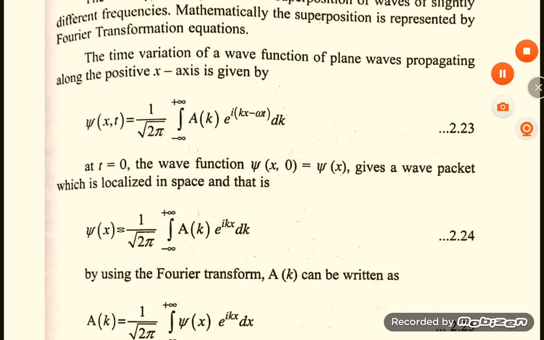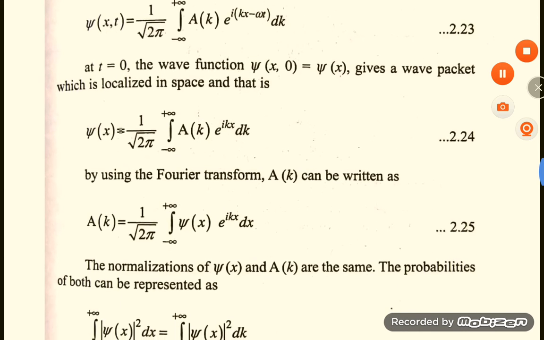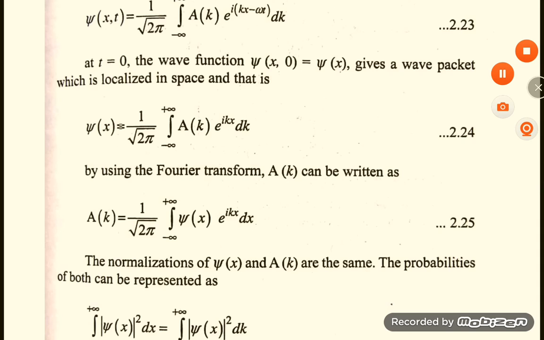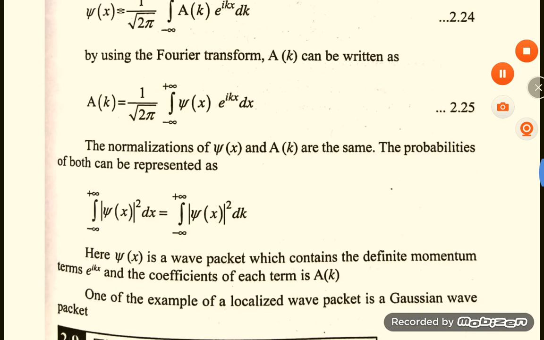By using the Fourier transform, a(k) can be written as a(k) is equal to 1 by root 2 pi integral from minus infinity to plus infinity of psi(x) e^(ikx) dx. The normalization of psi(x) and a(k) are the same.